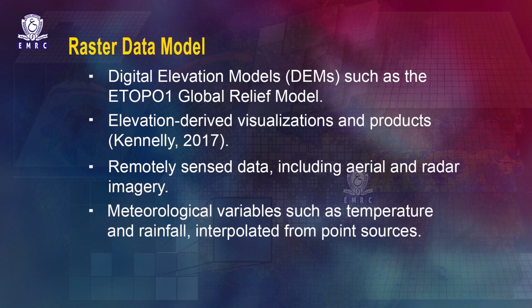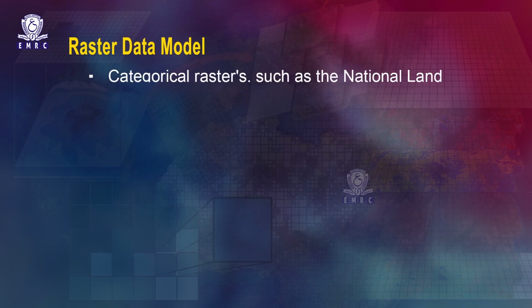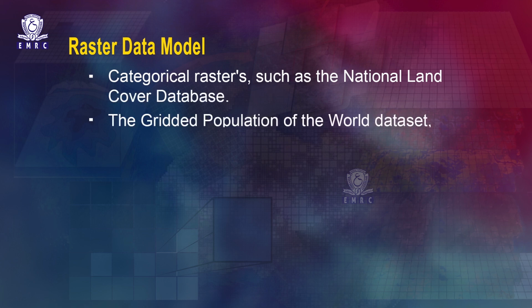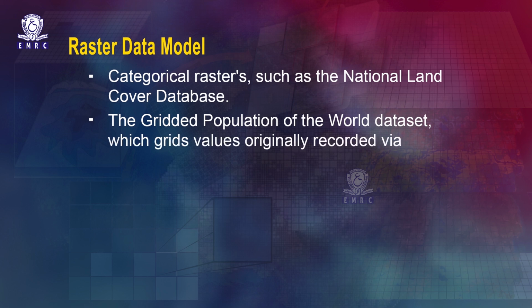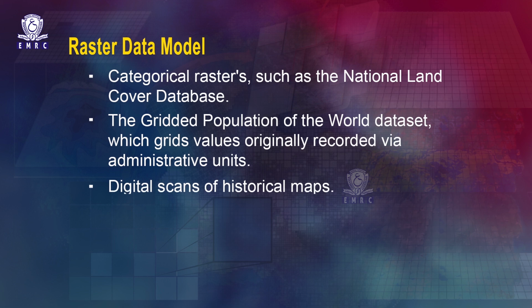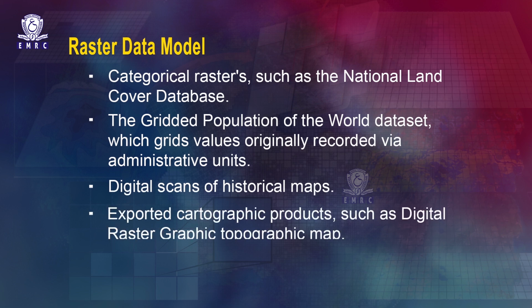Meteorological variables such as temperature and rainfall interpolated from point sources. Categorical rasters such as the National Land Cover Database. The Gridded Population of the World data set, which grids values originally recorded via administrative units. Digital scans of historical maps. Exported cartographic products such as digital raster graphic topographic maps.